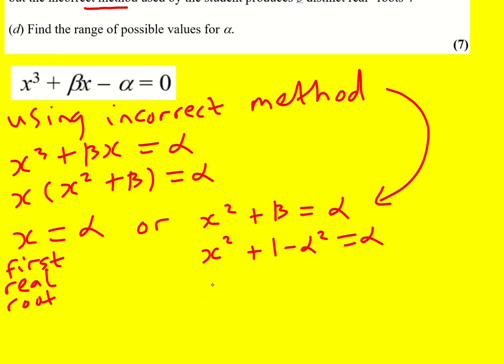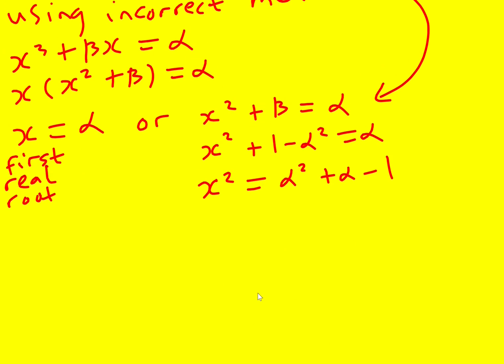And we can write, therefore, x squared equals alpha squared plus alpha minus 1. I could go to the discriminant for this, but because there's no x term, I can simply look at this situation and say that this thing on the right must be positive to get another 2 roots.